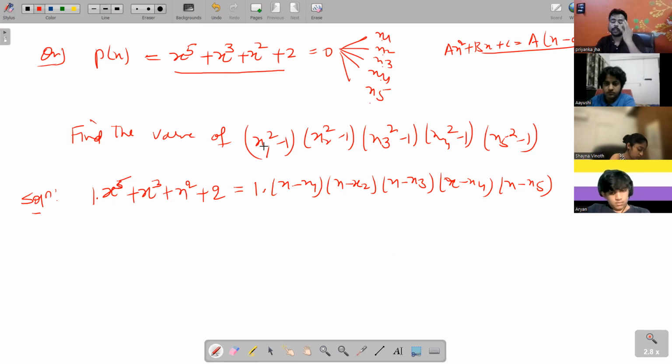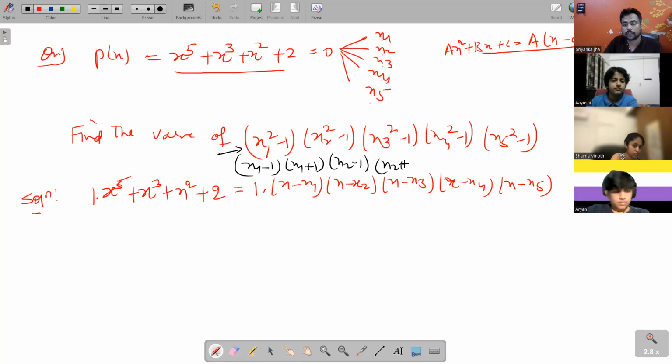Now you can see that you have to find this. This can be written as x1 minus 1 into x1 plus 1. This can be written as x2 minus 1 into x2 plus 1, and like that. So you have to generate this type of term: x1 minus 1, x2 minus 1, x3 minus 1, and like that.